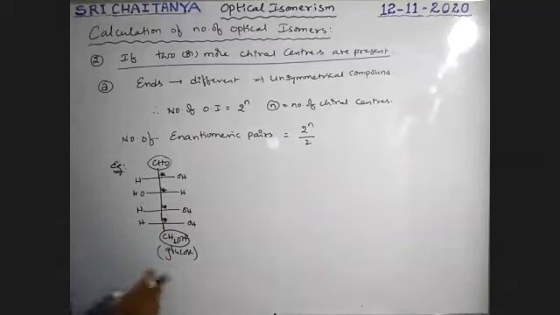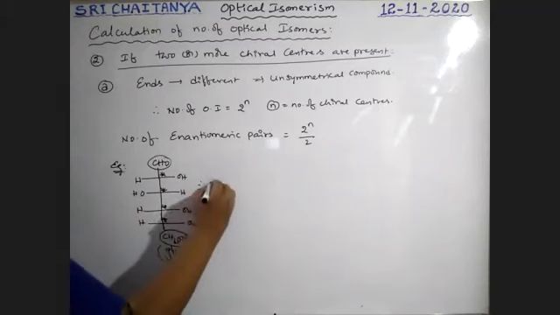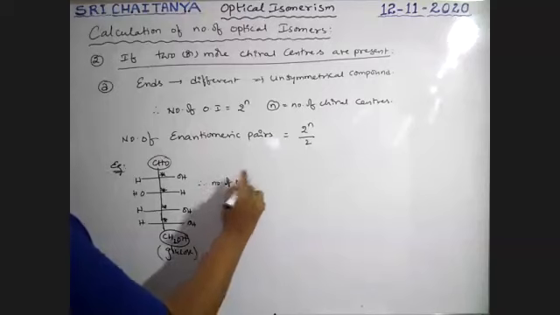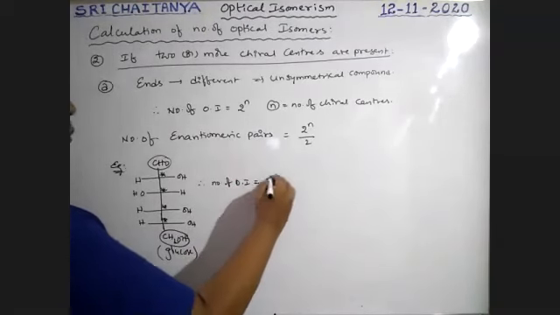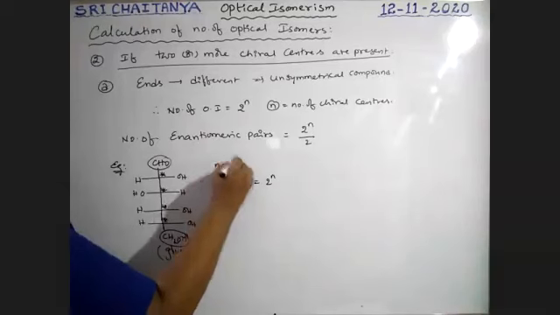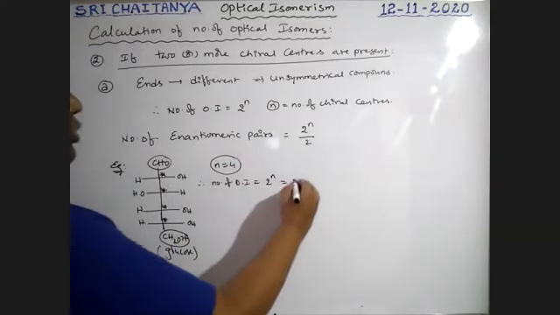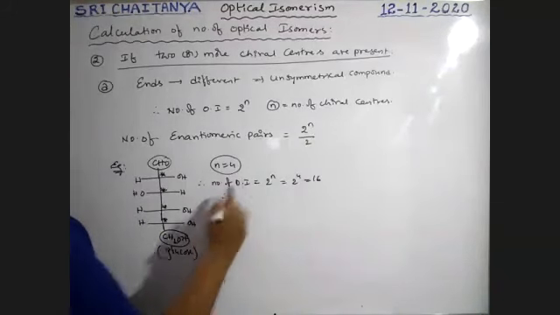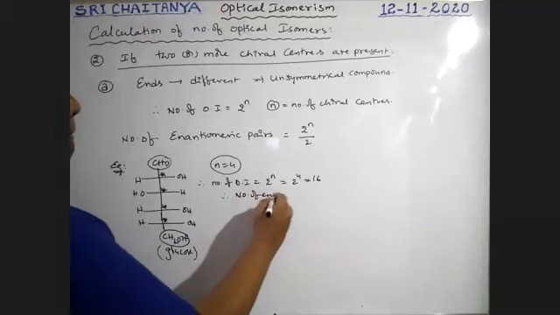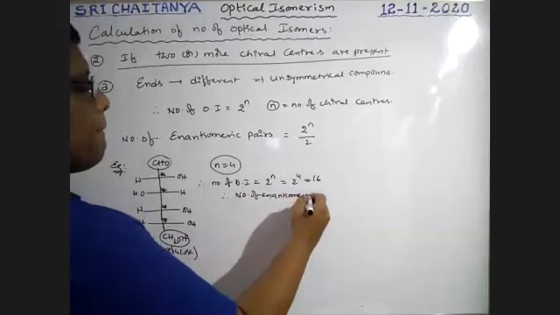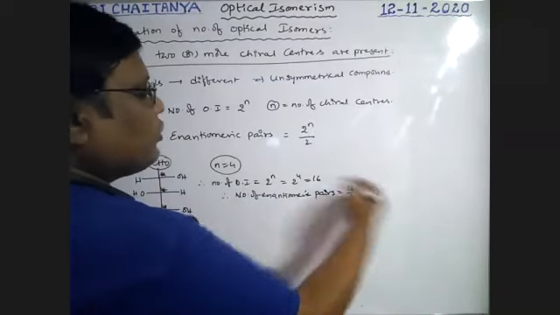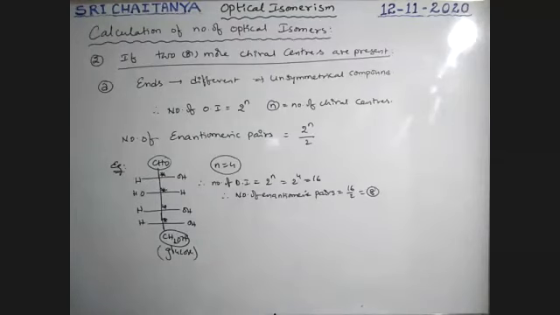So the chiral centers are 4. Therefore, the number of optical isomers is equal to 2 power n, where n is equal to 4. So that is 2 power 4, overall 16. Therefore, the number of enantiomeric pairs is equal to 16 by 2, which is equal to 8.